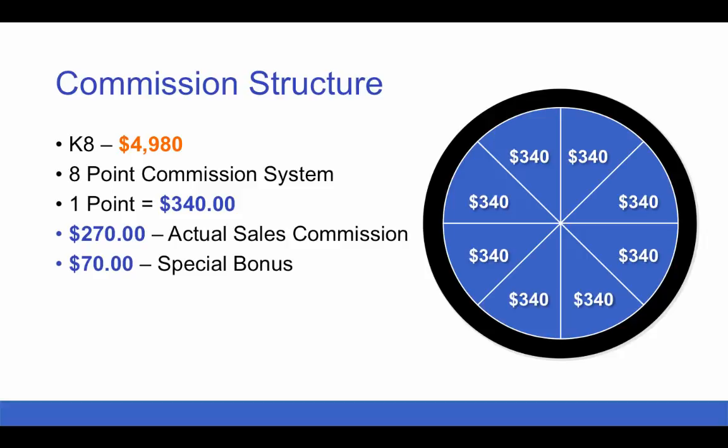And for that, you have to have a minimum of one sale every 90 days to qualify for that $70 bonus. You can either have one direct sale every 90 days, or you can be a member of the UConn and be subscribed to the UConn supplement, and you will always get your bonus points. But anyhow, it is $340 per point.